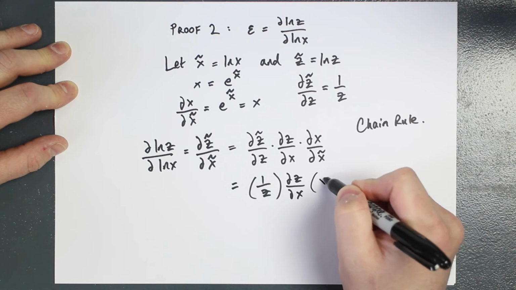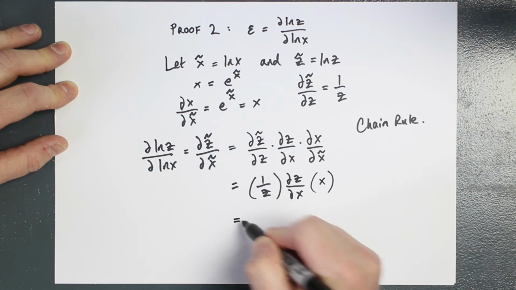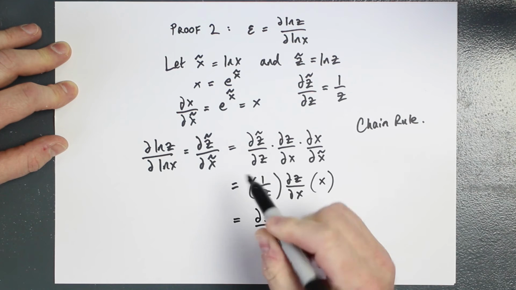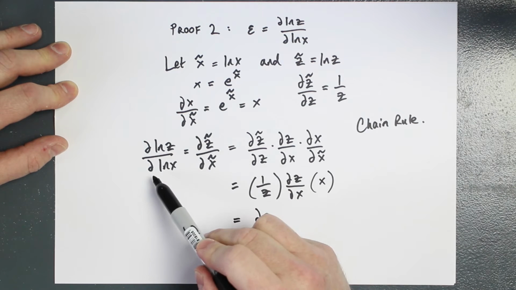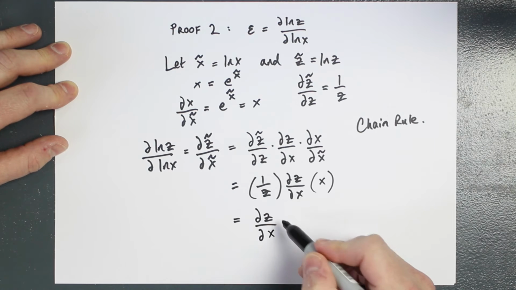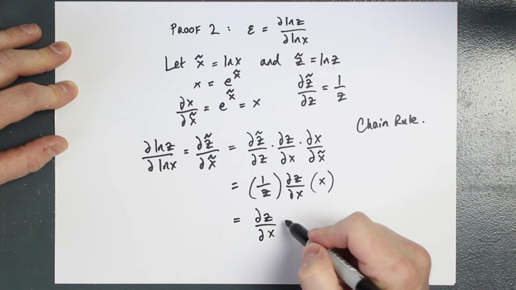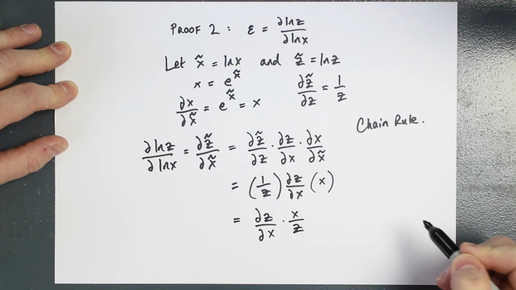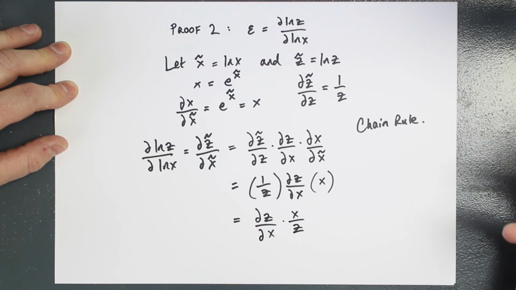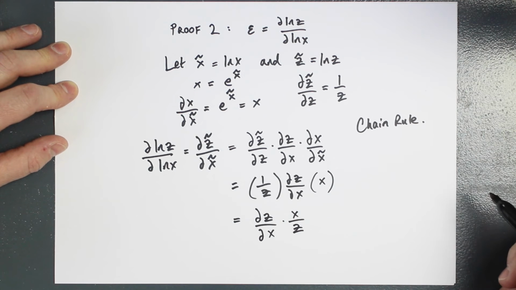Okay, so here we just have x. So just cleaning up slightly, this logarithmic derivative, the derivative of log z with respect to log x, is equal to the partial derivative of z with respect to x multiplied by x divided by z, which is precisely the point elasticity of z with respect to x.